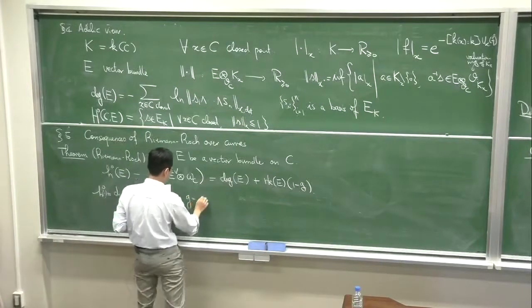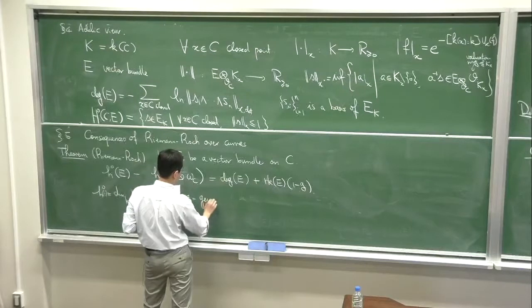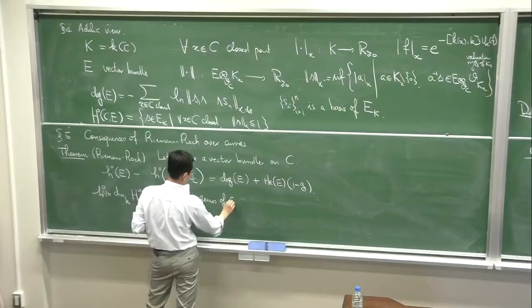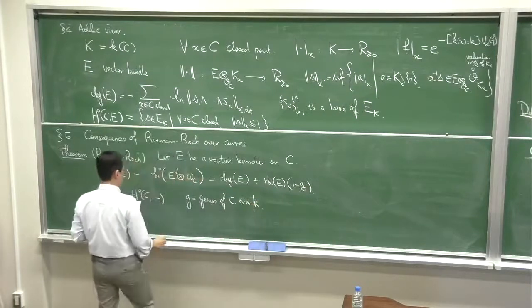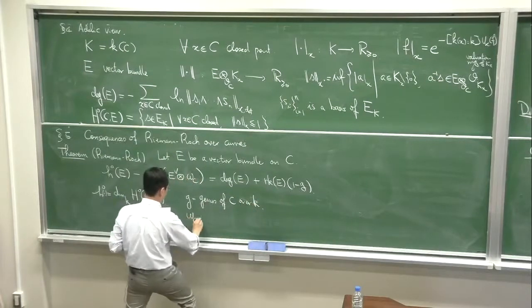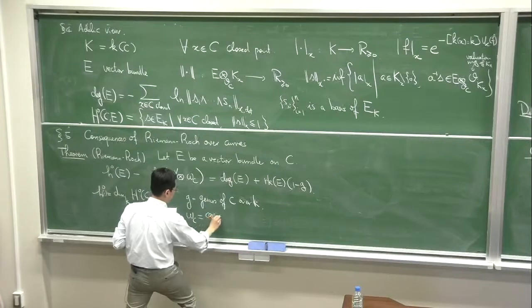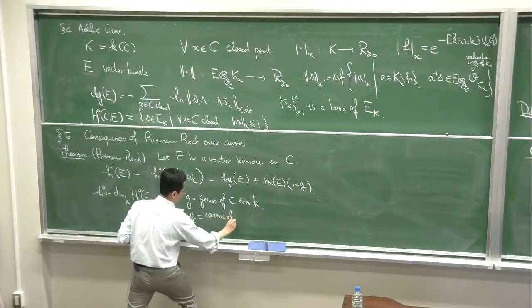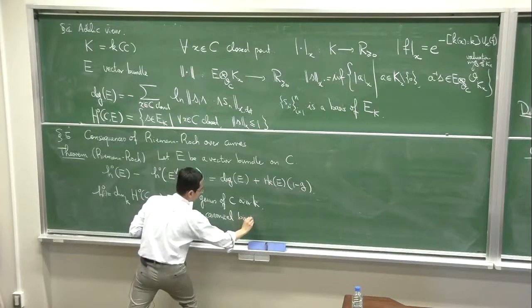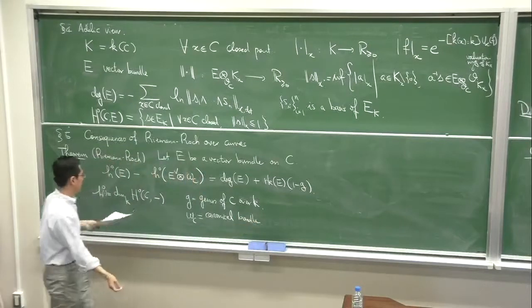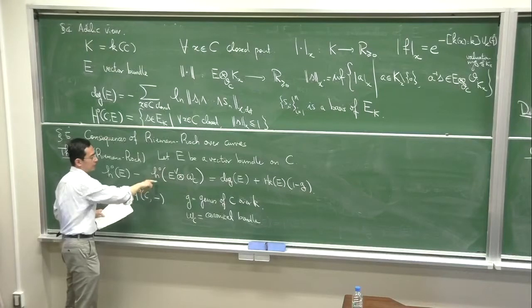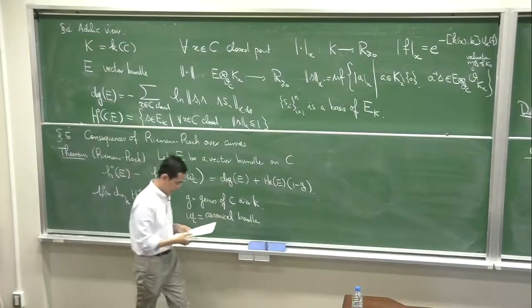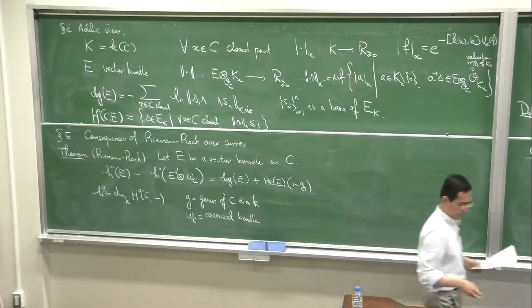And g is the genus. And ω_C is the canonical bundle. So essentially this one is just H^1(E).